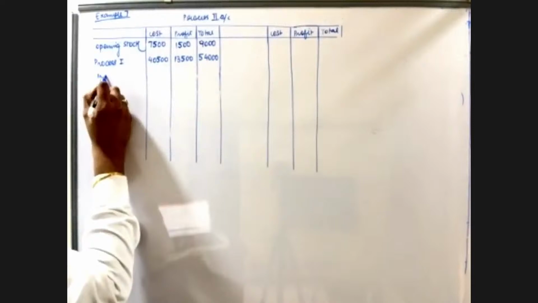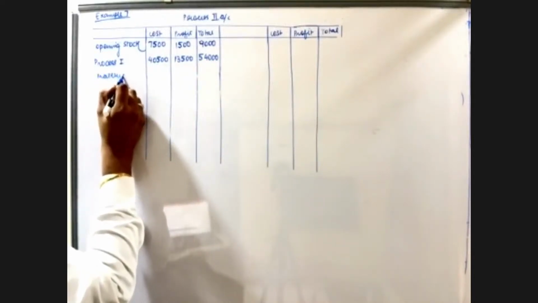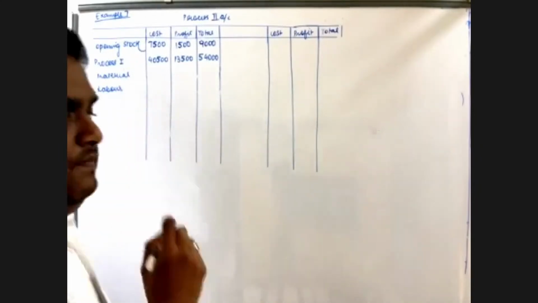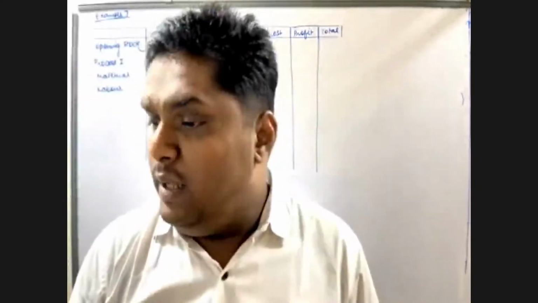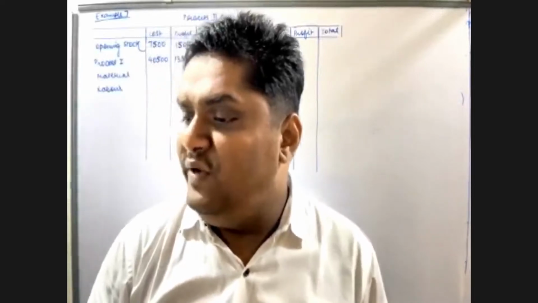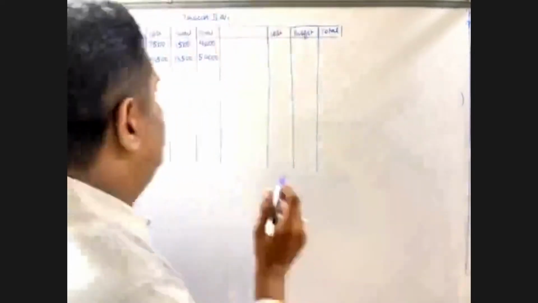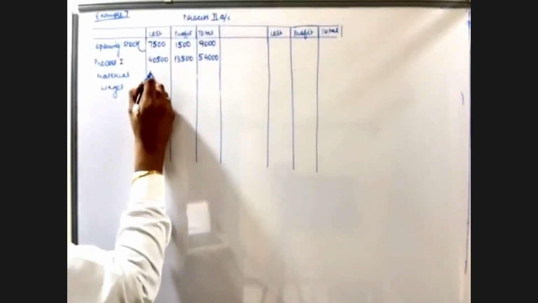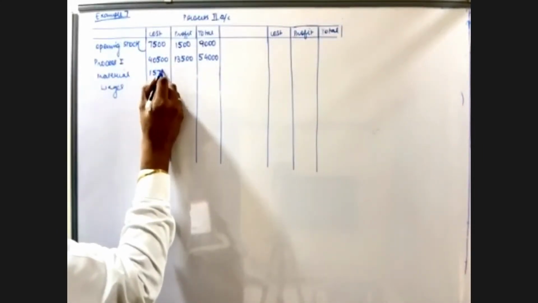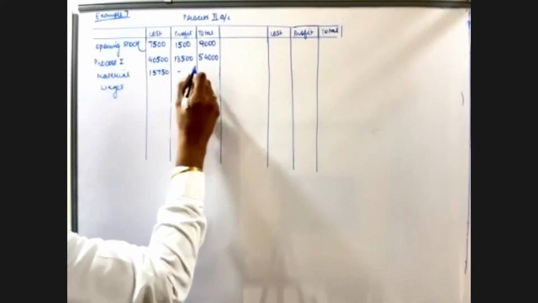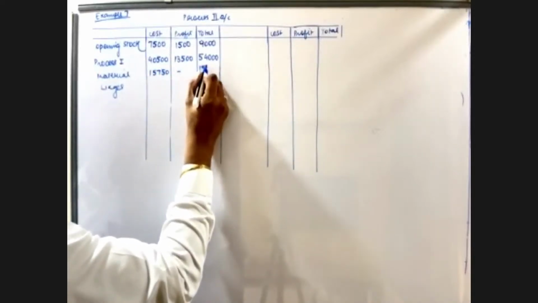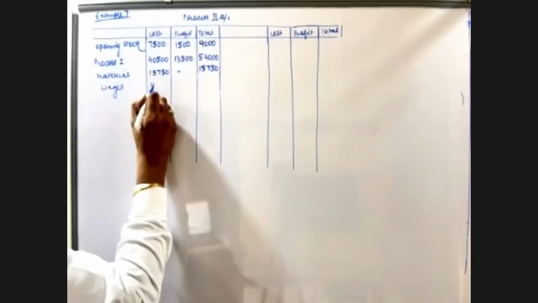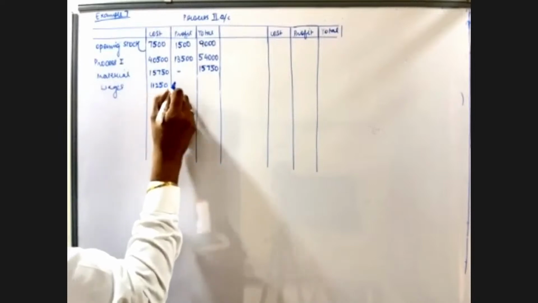Now we'll add the material and labor cost. Here my material cost and wages cost are 15,750 and 11,250.